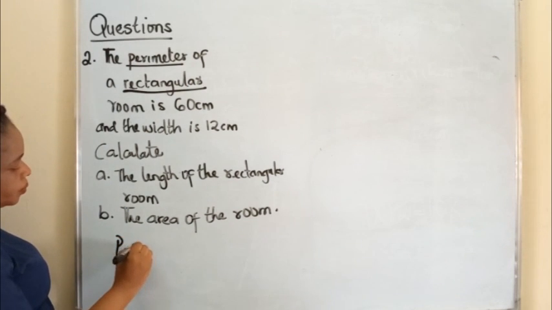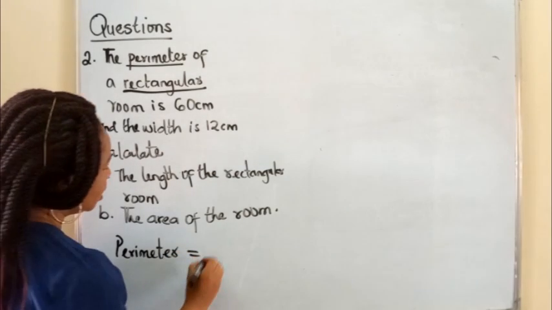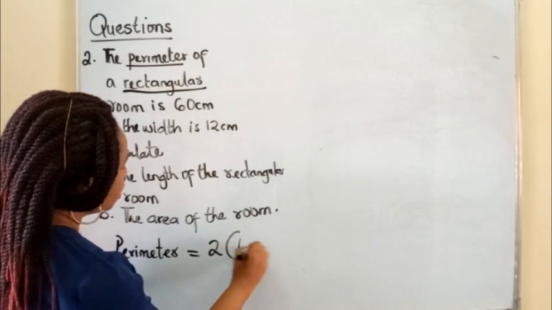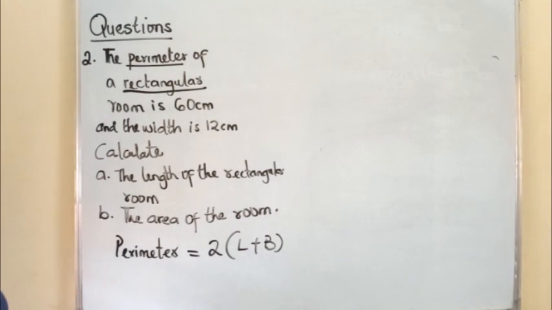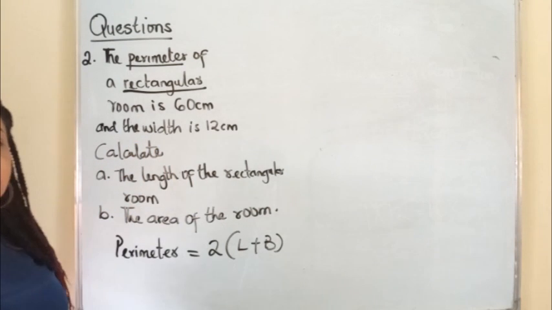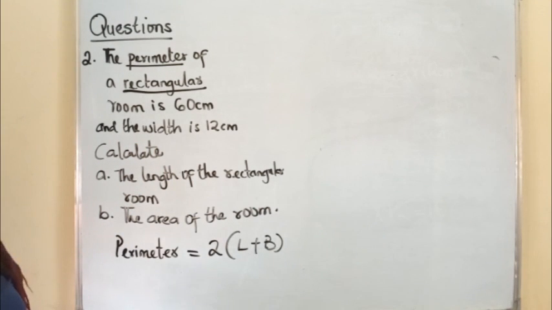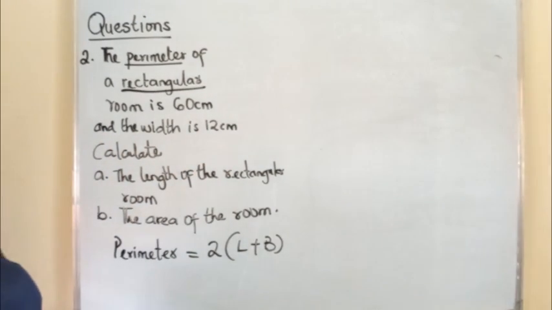Perimeter of the rectangle is 2 into (L plus B). That has been given to us. And the width is the same thing as the breadth. We can either call it width or breadth. And so the width is given as what? 12 centimeter.